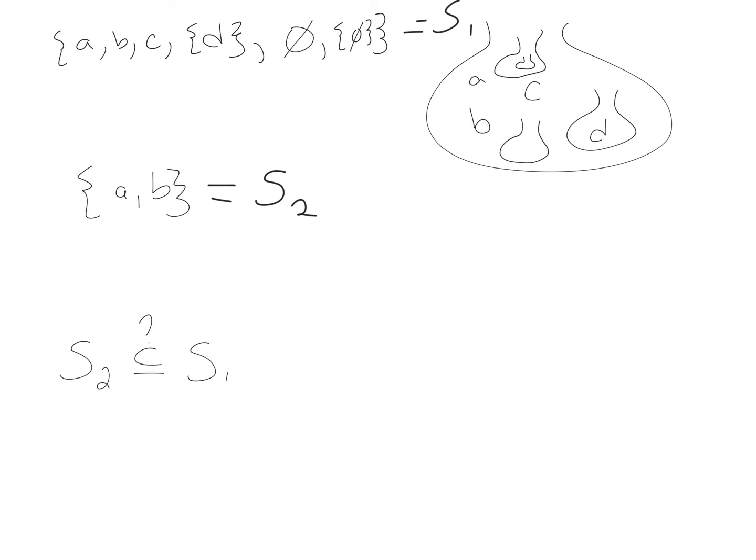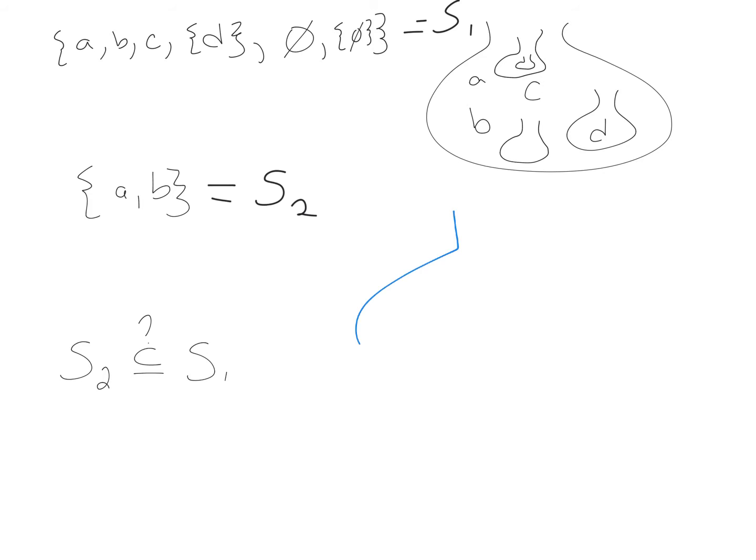And so to figure that out, what we have to do is we have to say, is every single thing that's in set 2 also inside of set 1? So before we do that, let's just draw what's in set 2. Maybe we'll do set 2 in blue just to make it a little bit different.